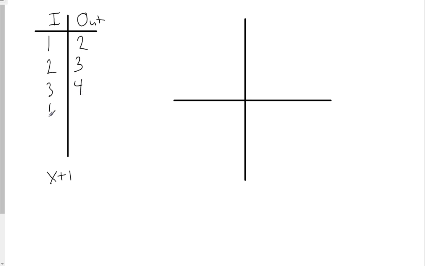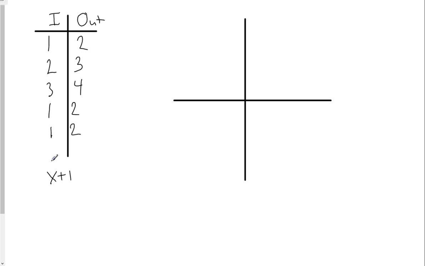If I put a 1 in again, what should I get out? A 2. This machine is functioning correctly because every time I put a number in, I should always get the same number out.